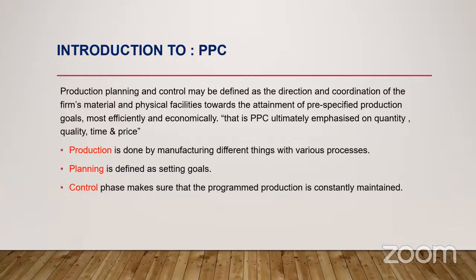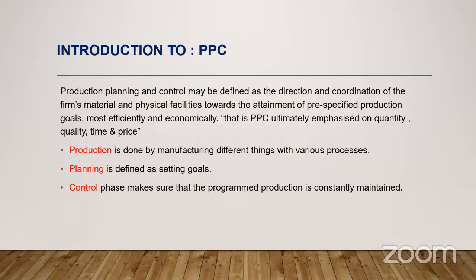Because whether we are manufacturing goods or providing some services, we have a certain pre-specified concept. That means I have to provide the service in this pattern, or I have to produce my product in this particular pattern. So here we have certain planning, the pre-specified production goal.